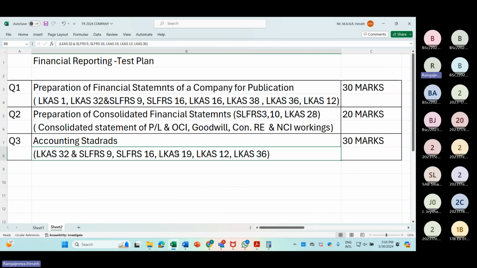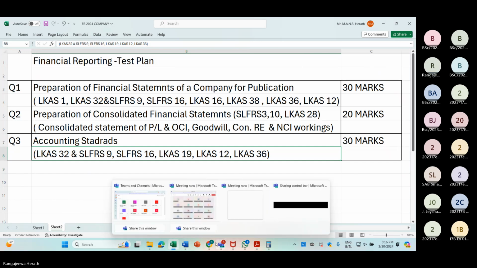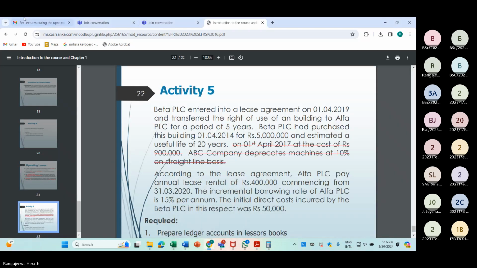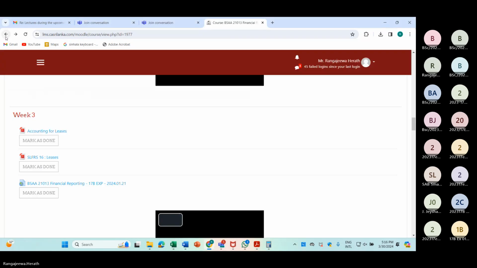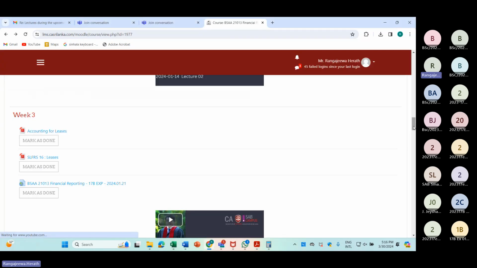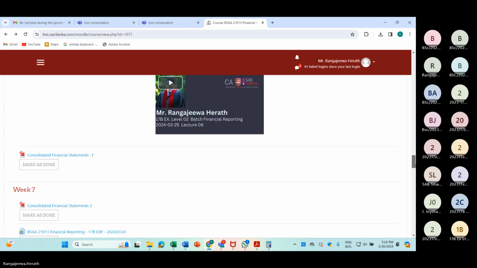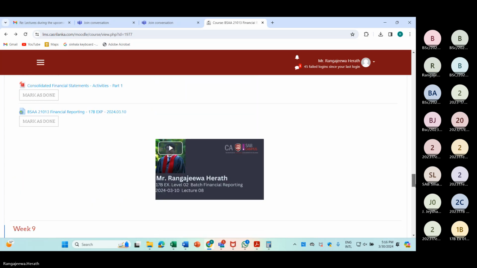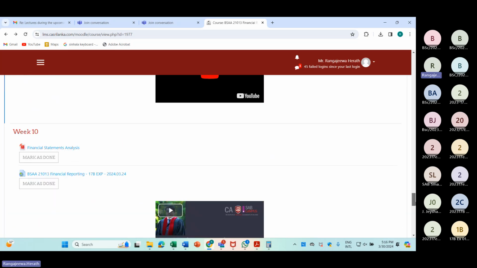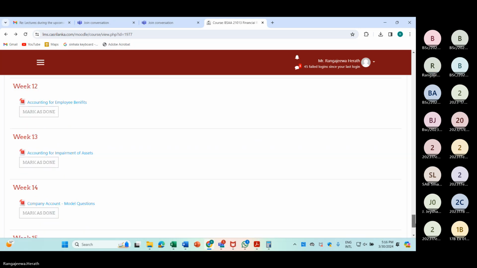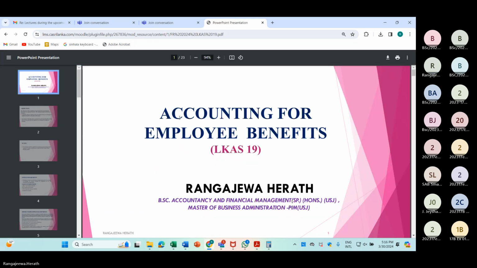Then LKS 19, we discussed last week. Employee benefit. So it will be tested from this employee benefit, accounting for employee benefit.